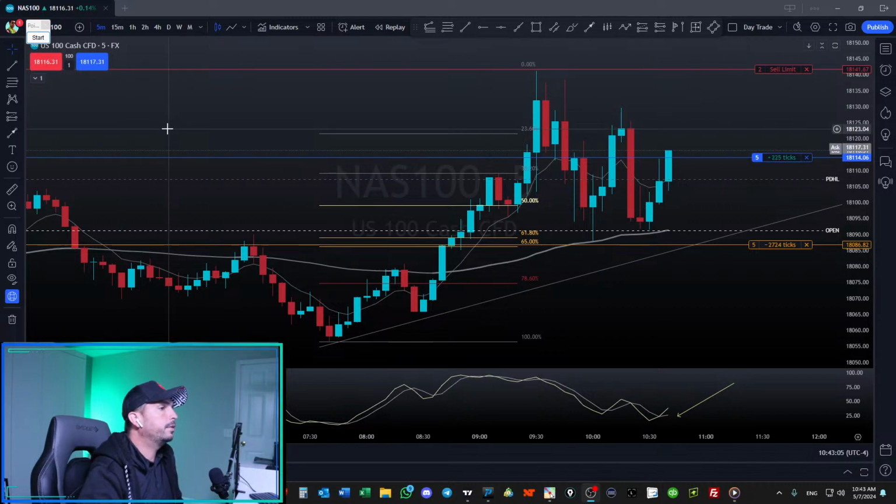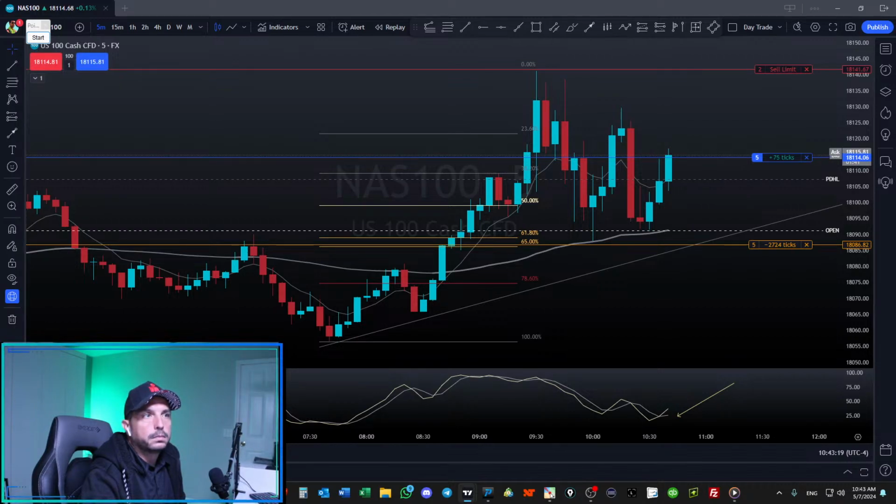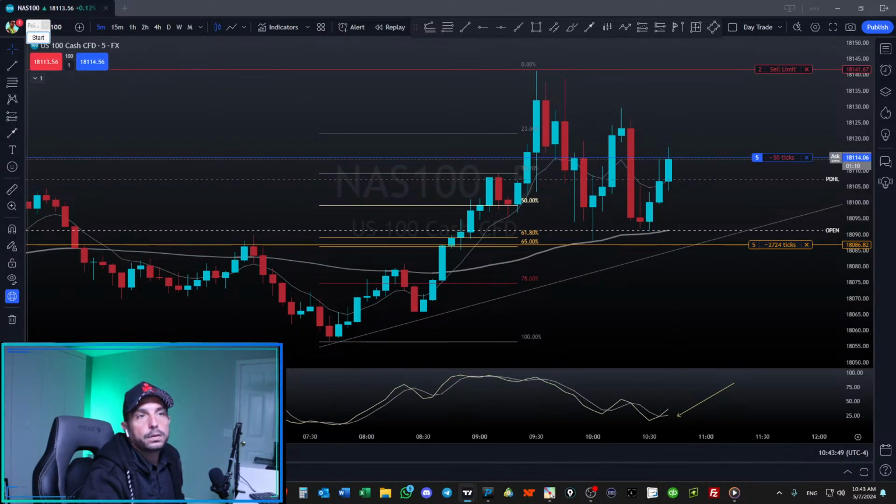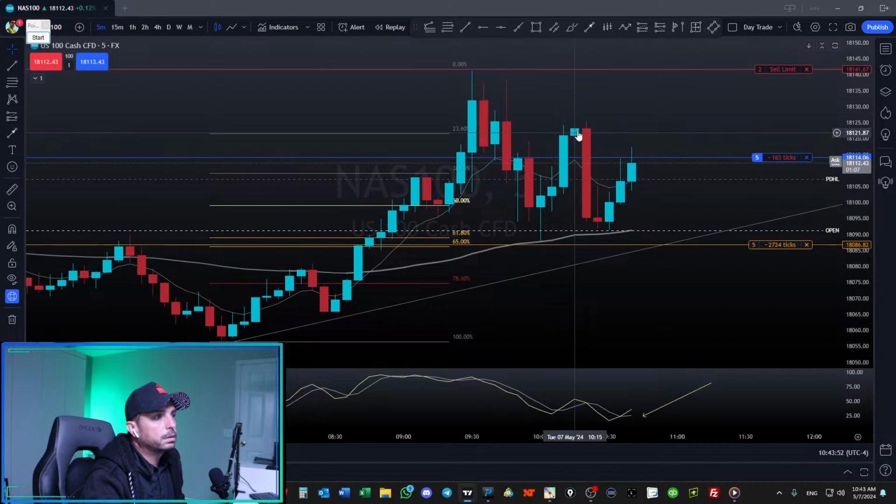Still waiting here to see how this trade moves. Let's see what else is going on.